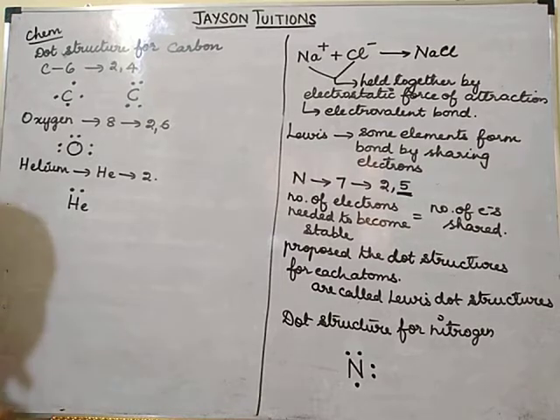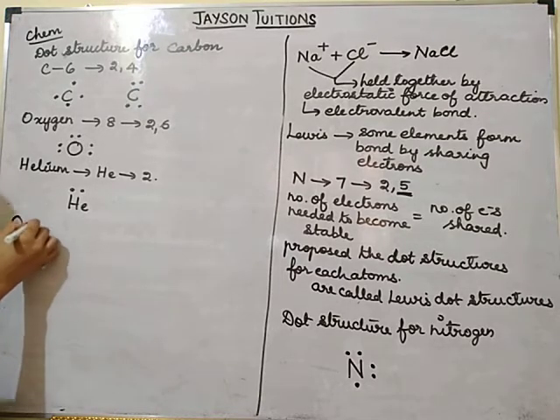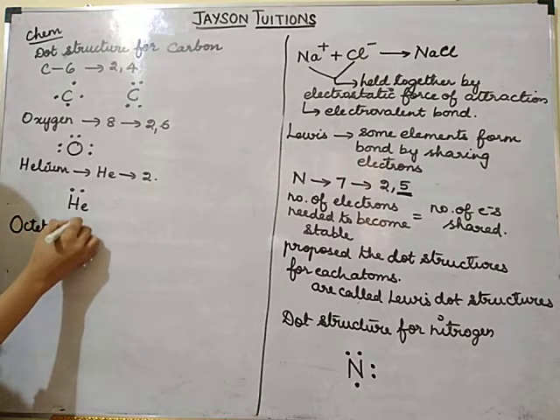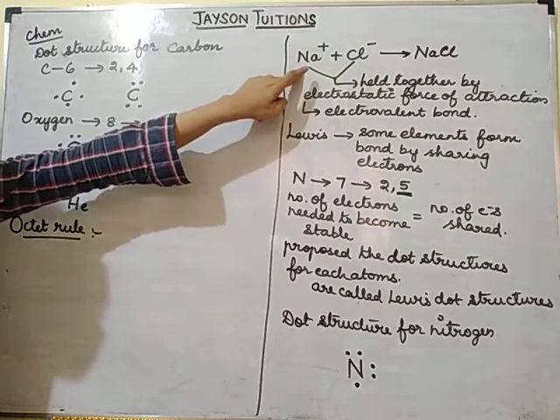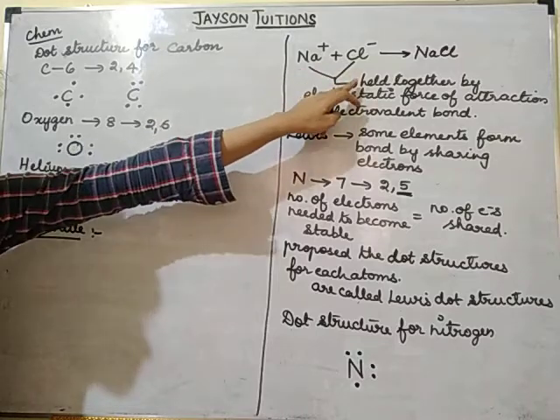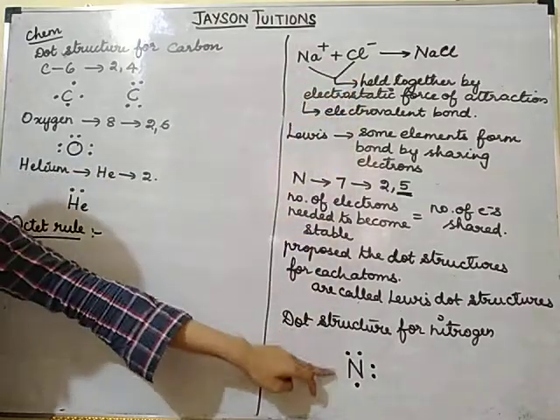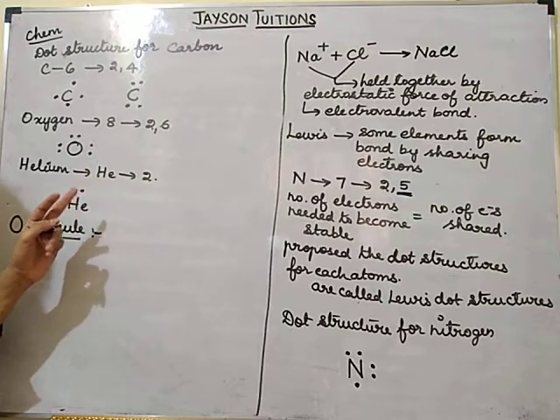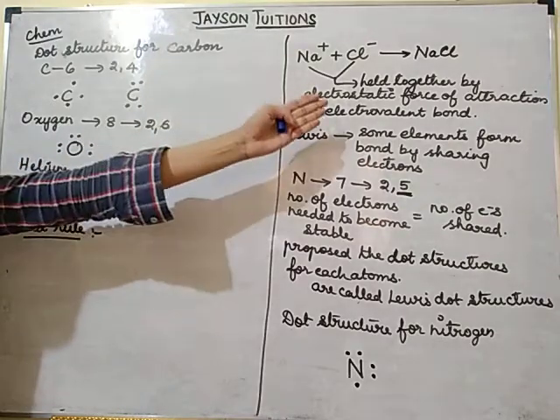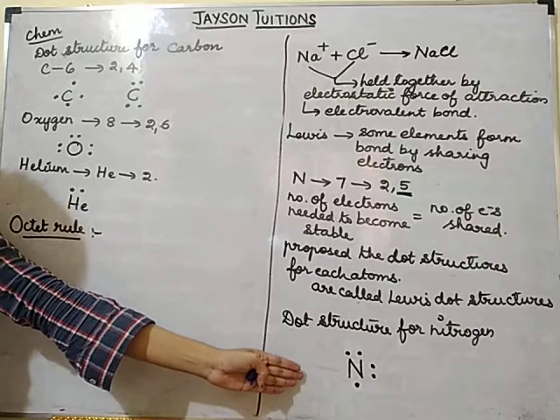Okay. Next one is the octet rule. Oct means what? 8. So here some elements are losing electrons, some elements are gaining electrons, and as I told you, some will share the electrons. So why are they losing, why are they gaining, or why are they sharing?